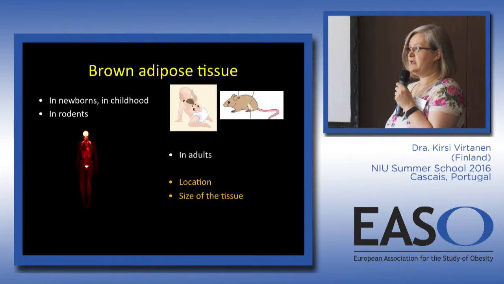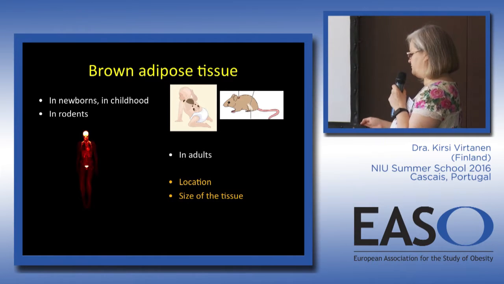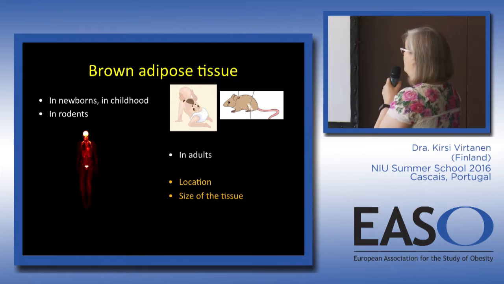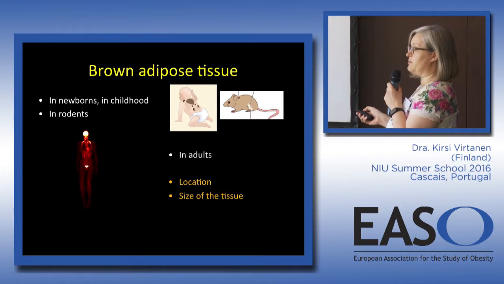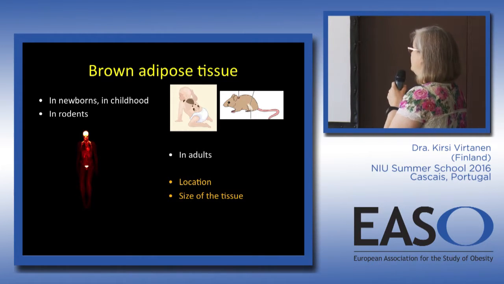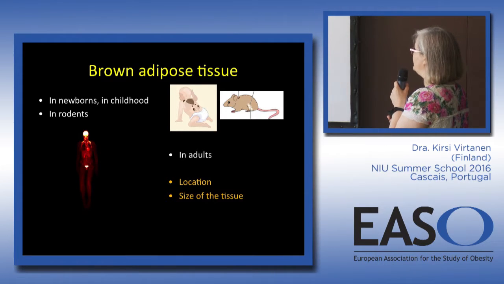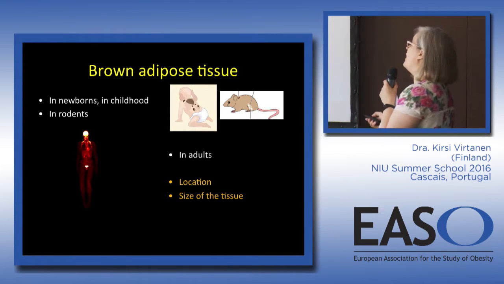First of all, in newborns and in rodents, we can find brown adipose tissue in the subscapular region. It's almost exactly the same region as can be found in rodents.